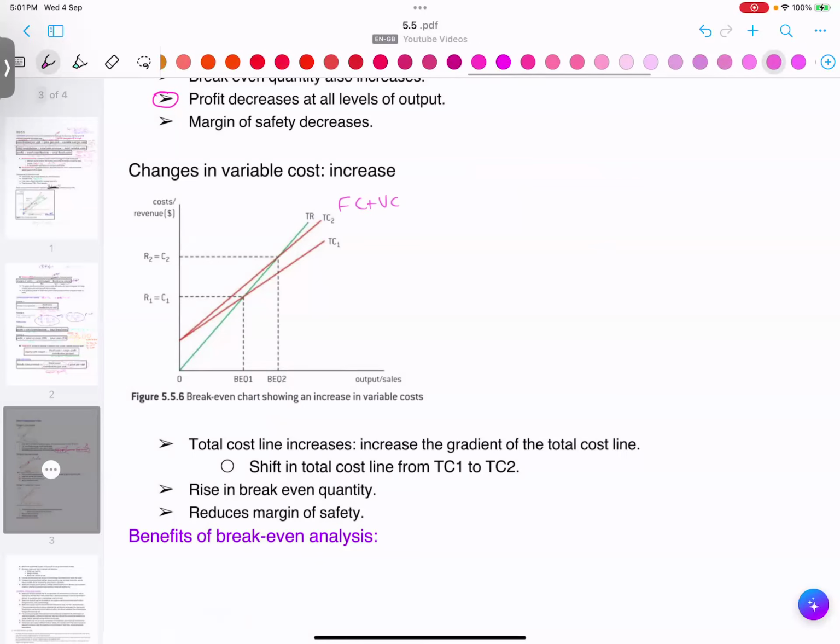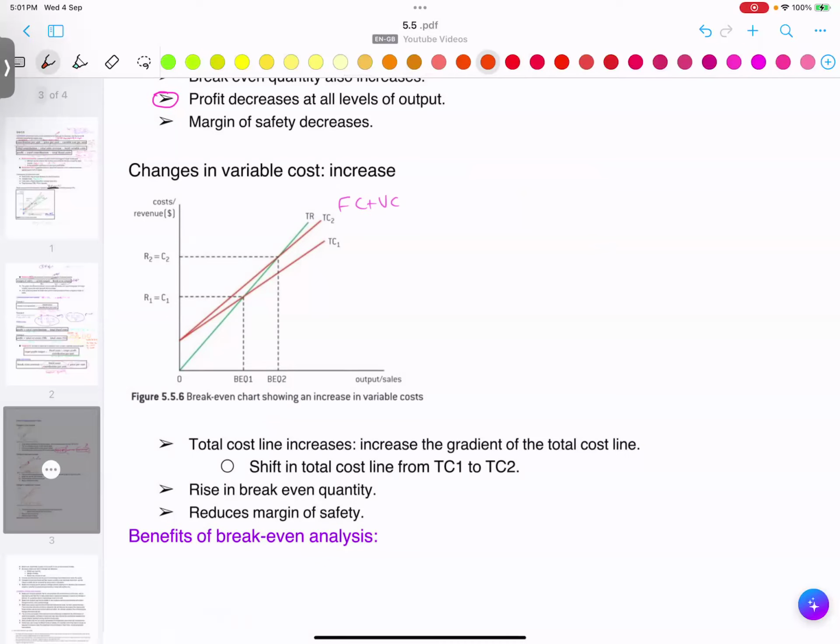So you will go from this to this level. This shift, you can see it. The same thing happens: a reduction in the margin of safety, a rise in break-even quantity, a shift in the total cost line from TC1 to TC2, and an increase in the gradient of the total cost line.